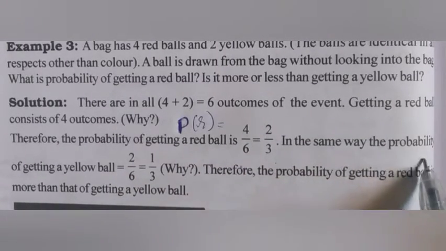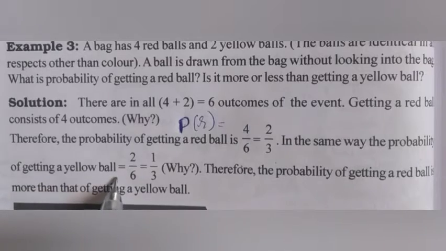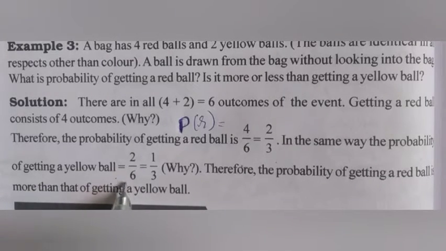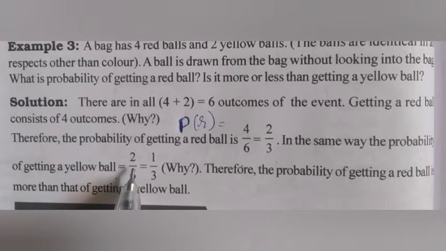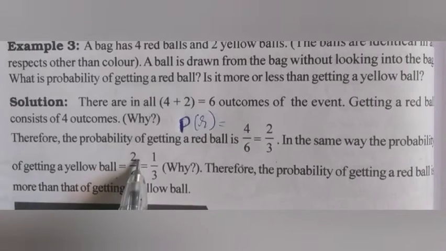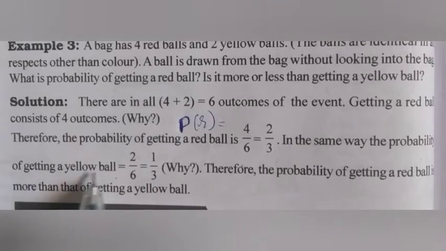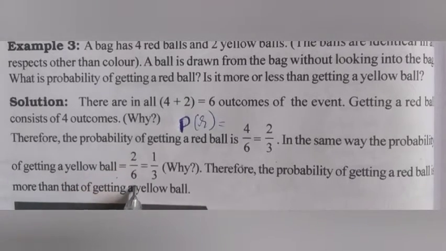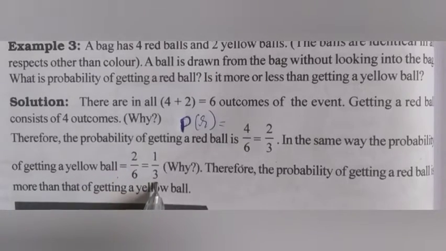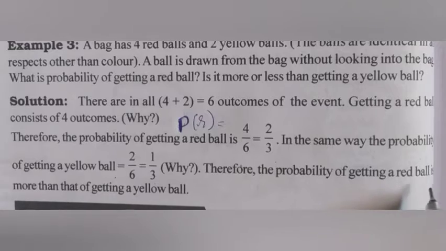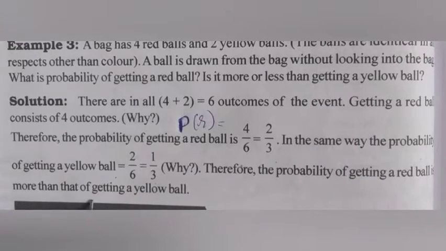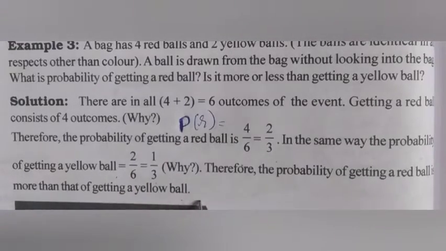In the same way, the probability of getting a yellow ball: the total outcomes are 6, and the favorable outcomes, that means getting a yellow ball, are 2. So the probability of getting a yellow ball is 2 by 6, which is equal to 1 by 3. Therefore, the probability of getting a red ball is more than that of getting a yellow ball.